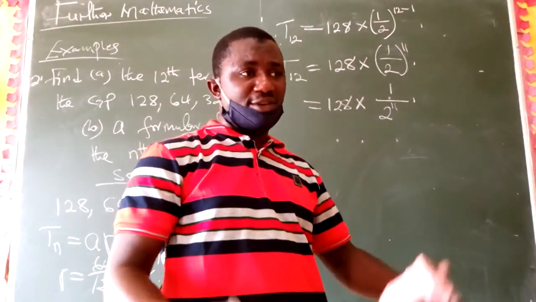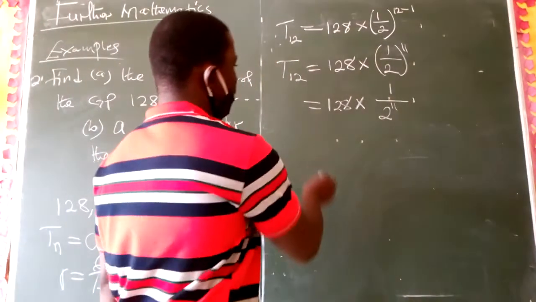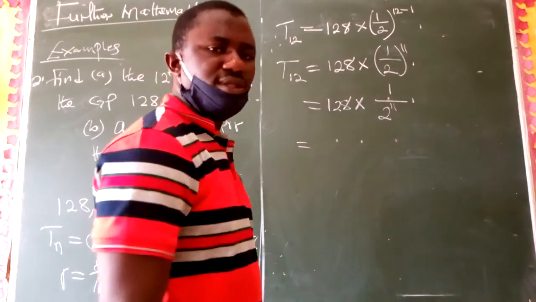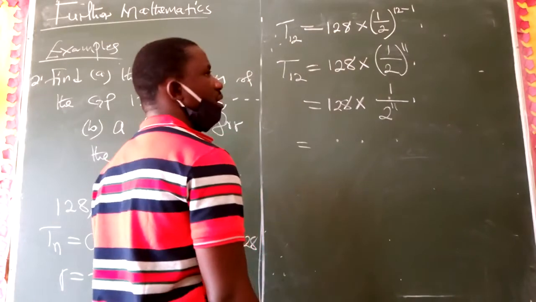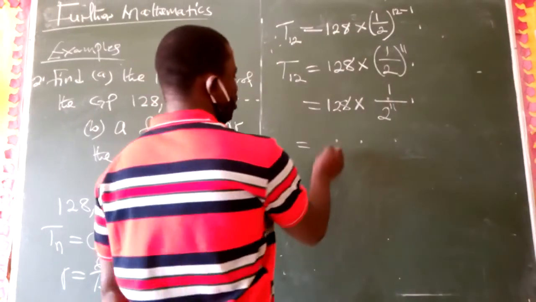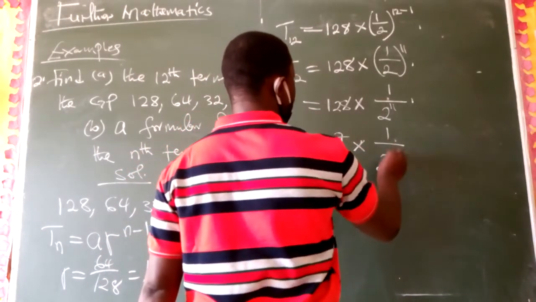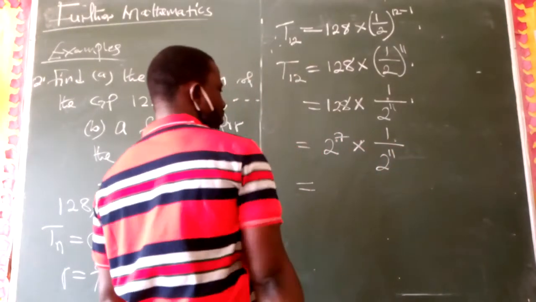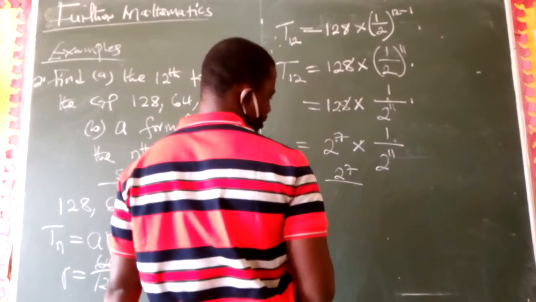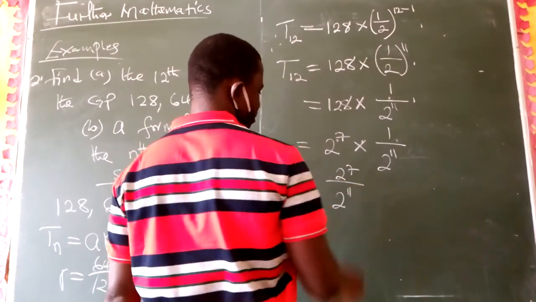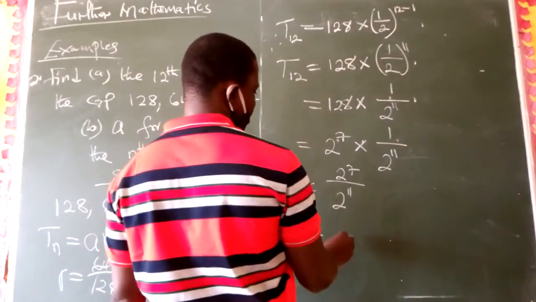We can express it as a number with powers of 2. So now I have 128. 128 is 2 raised to power what? That would be 2 raised to power 7. 2 raised to power 7 times 1 over 2 raised to power 11. So in all, we are going to have 2 raised to power 7 divided by 2 raised to power 11.